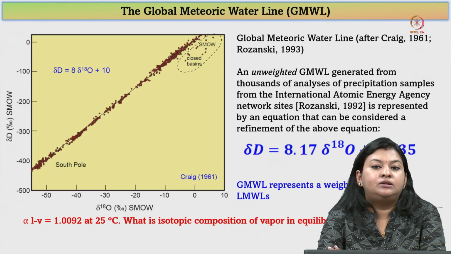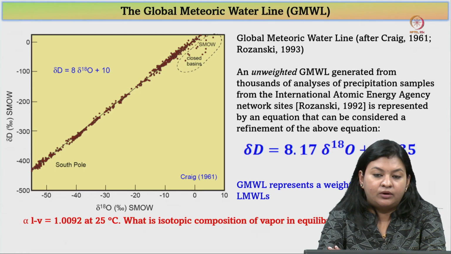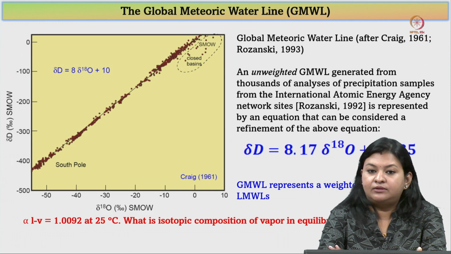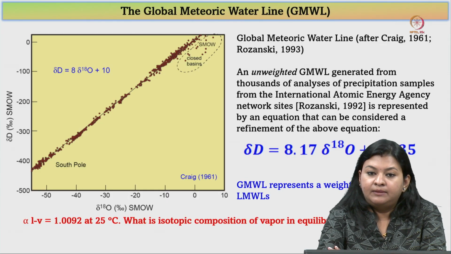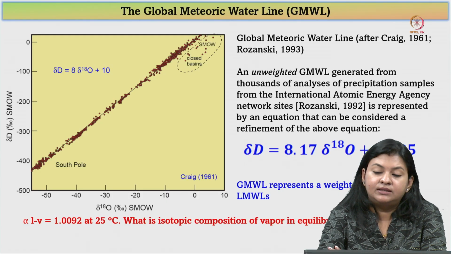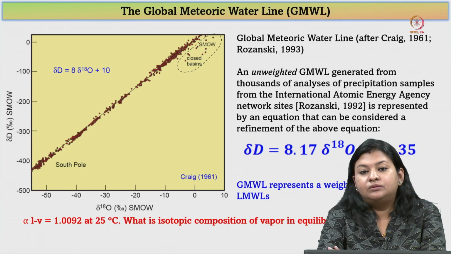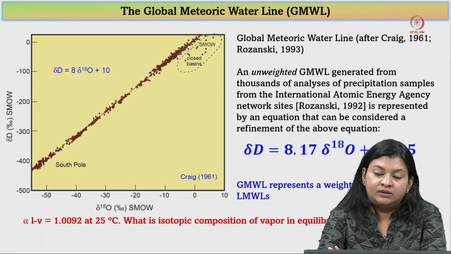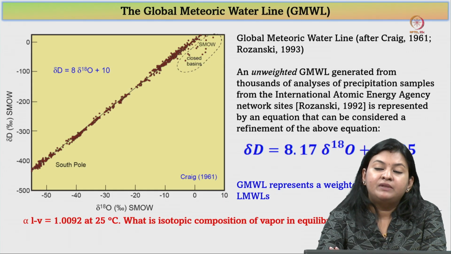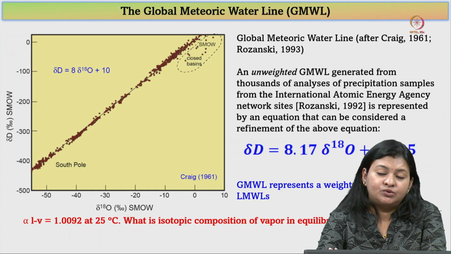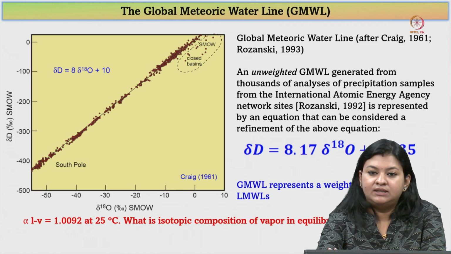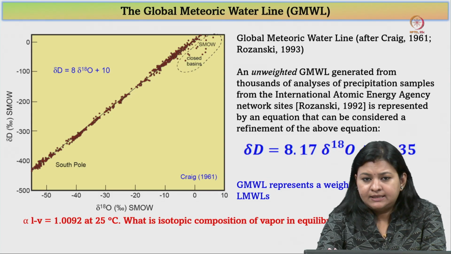We have a huge record of precipitation data, and not only that, we have a huge network even for river water, that is surface water data, lake water, and any other type of samples that collaborators provide, such as ice, snow, groundwater, etc. So that kind of data is also available. It is a huge record, and these are traditional isotopes. These kinds of studies have been going on since the late 1950s and 60s.